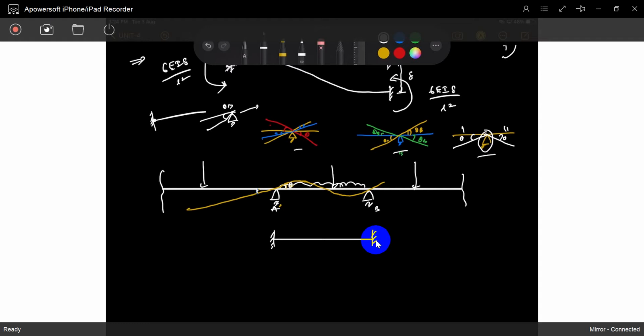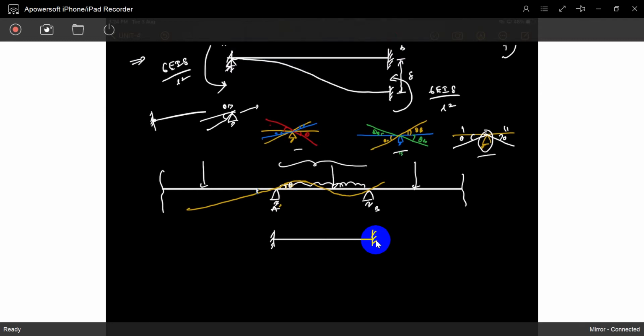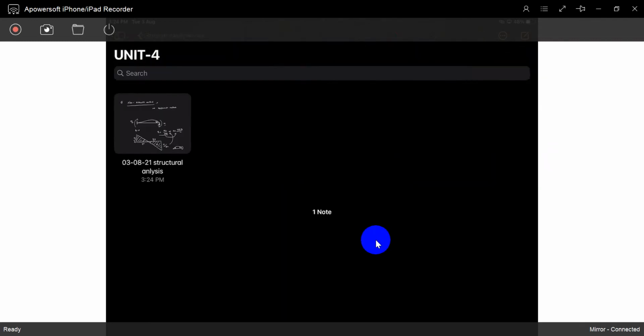If there is no slope, based on that loading on that span, how much fixed end moments will we get? We already derived the fixed end moments.